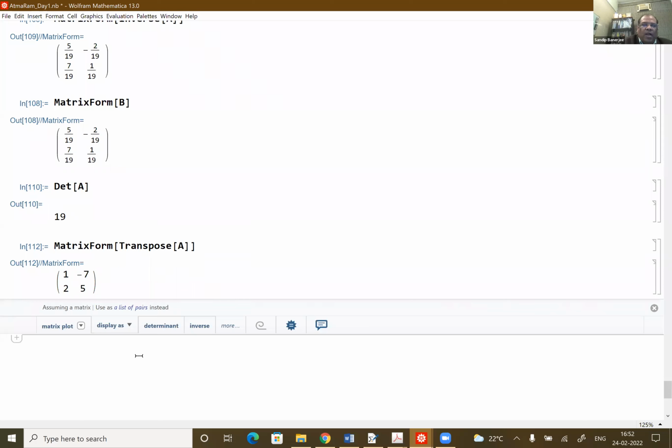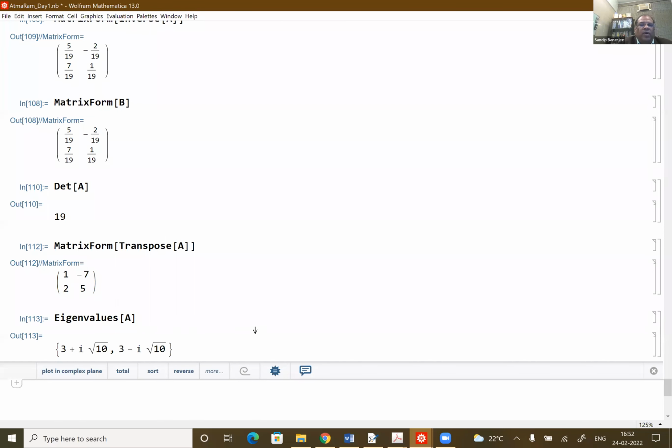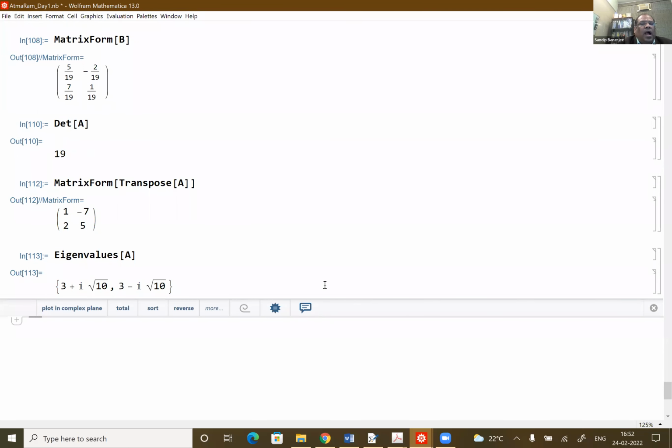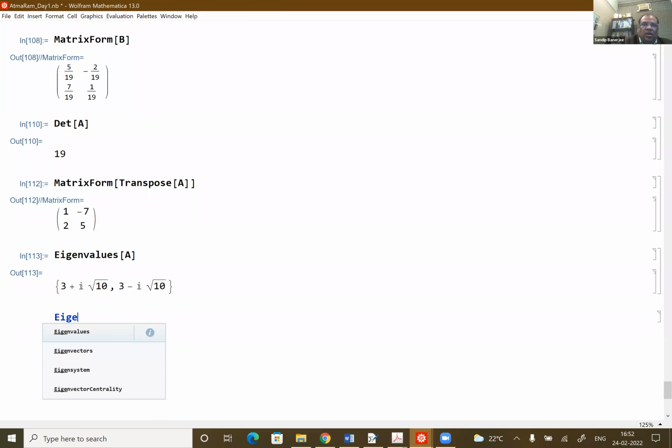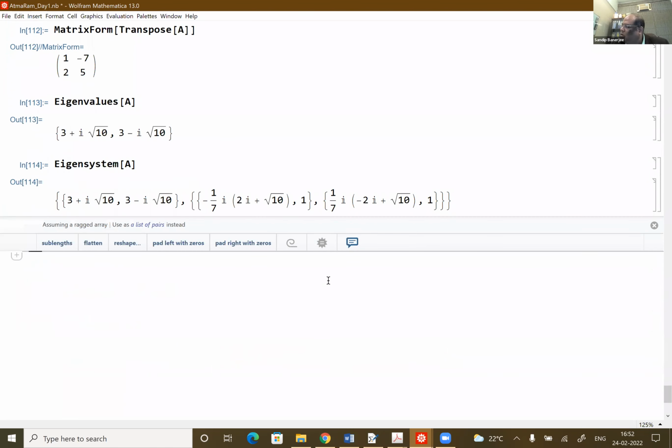Even if you want the eigenvalues, it will give you straight away the eigenvalues of A. And if you want the eigenvalues and eigenvectors, I think the command is Eigensystem of A. So this is your eigenvalues and this is your eigenvectors.